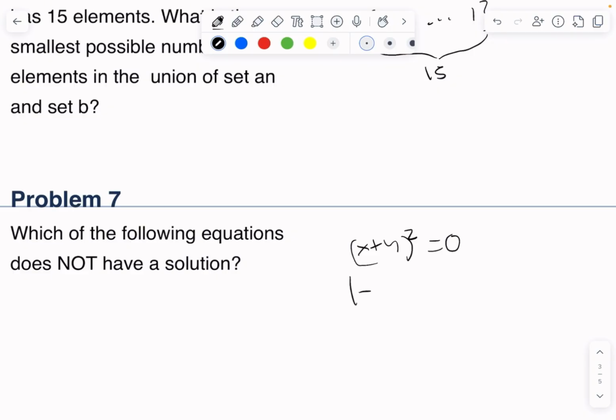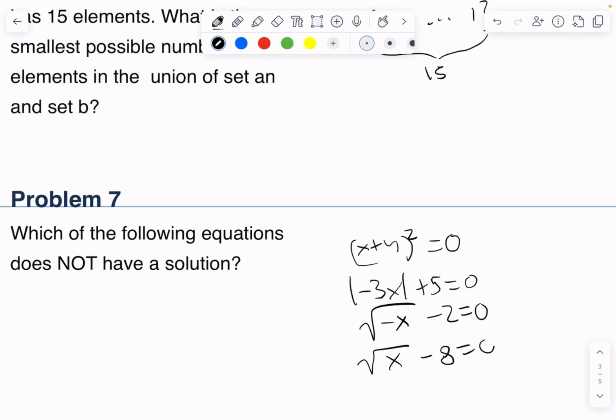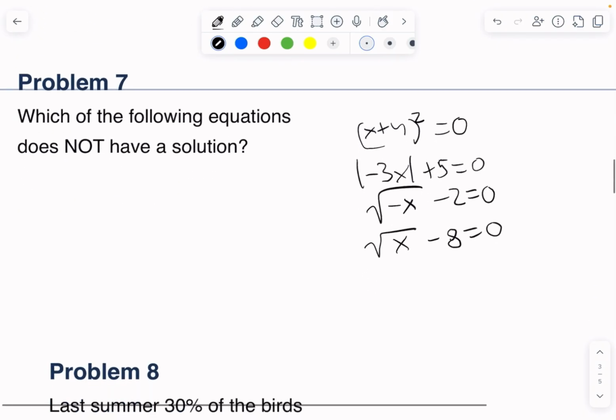The absolute value of -3x + 5 = 0. The square root of -x - 2 = 0. The square root of x - 8 = 0. And finally, the absolute value of -3x - 4 = 0. So you have to find which of these equations does not have a solution.